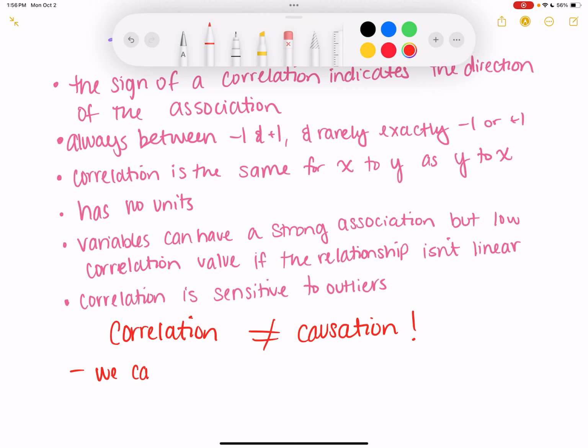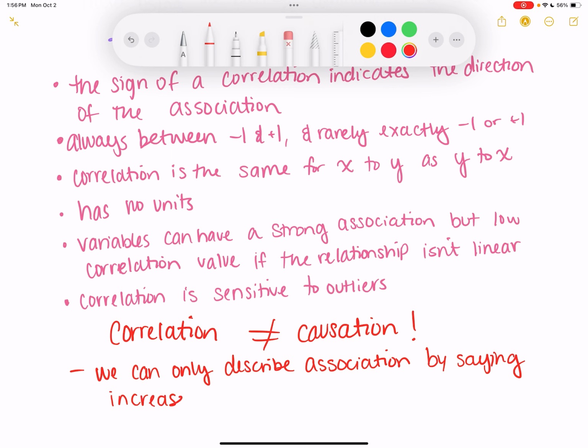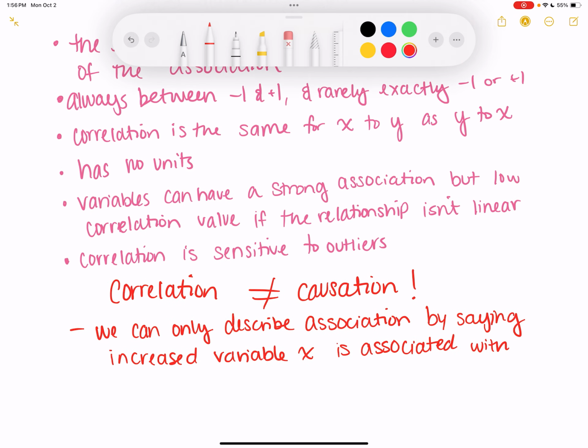We can only describe association by saying increased variable x is associated with increased or decreased variable y.